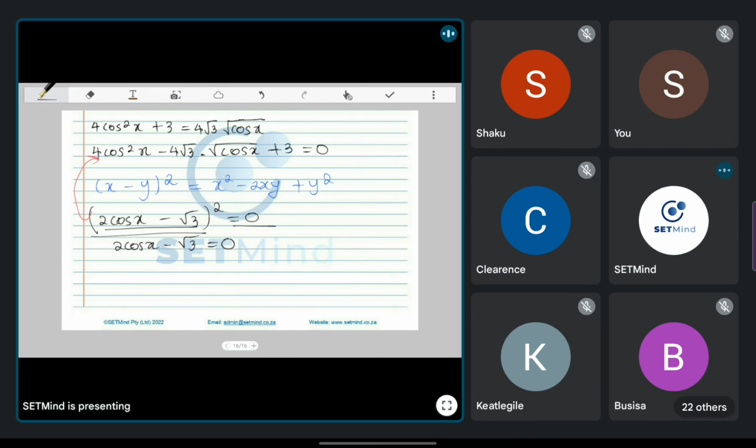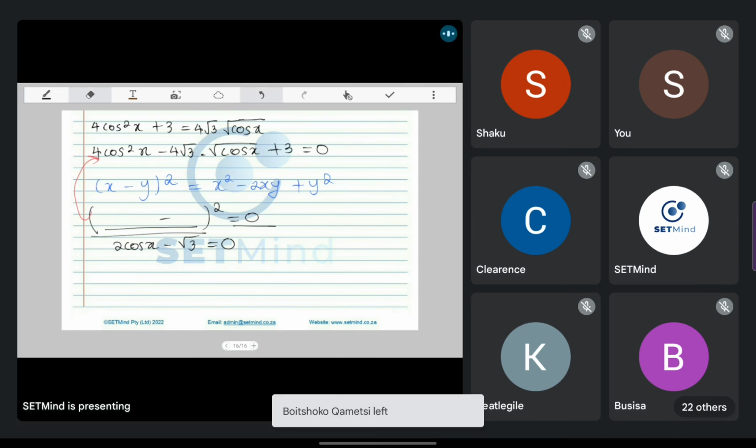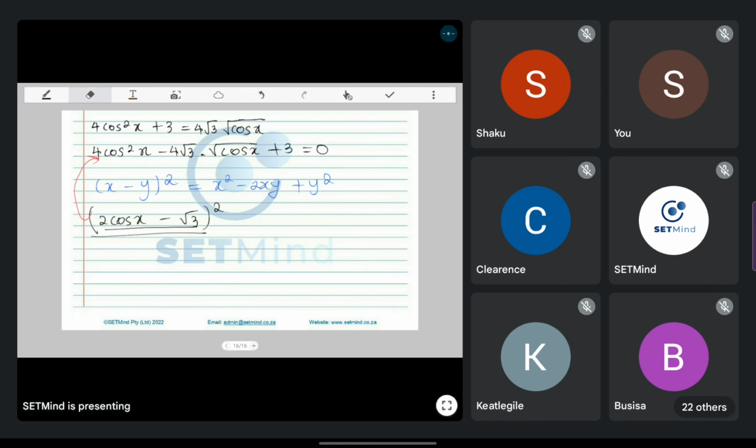Okay, wait, let me see. Yeah, we are good. No, we are not. Okay, you have a point. Let me listen to what the gentleman was saying. I see the middle term is 2 times the other one. So from here, what do you think we should do?